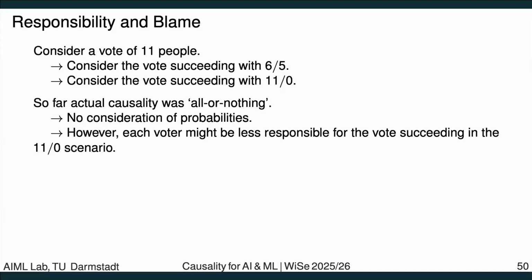Yeah, and as I said, that's maybe a bit difficult. It needs a more relaxed notion because at the moment we don't consider probabilities. And usually in this actual causation setting, we won't consider probabilities within the equation.